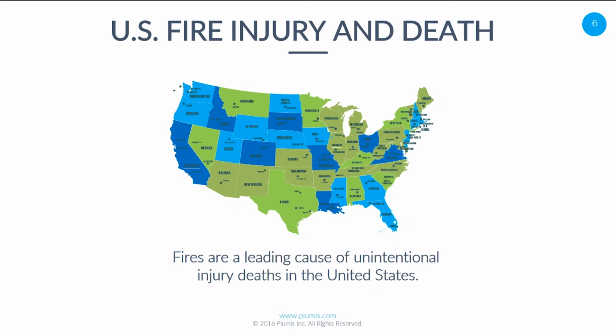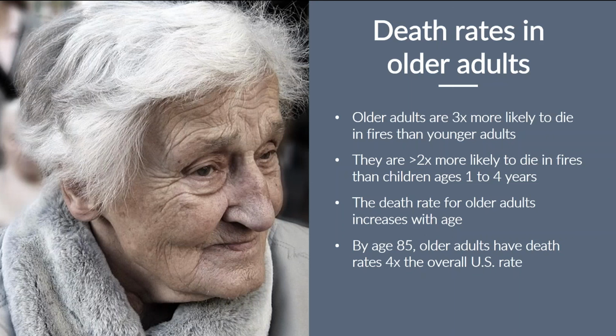They are more than twice as likely to die in a fire than children ages 1 through 4. And as our population ages, the death rate goes up. By age 85, older adults have a death rate 4 times the overall U.S. death rate from fires. Clearly, older adults represent a significant risk in any community that we need to identify and develop a plan to help mitigate that risk.